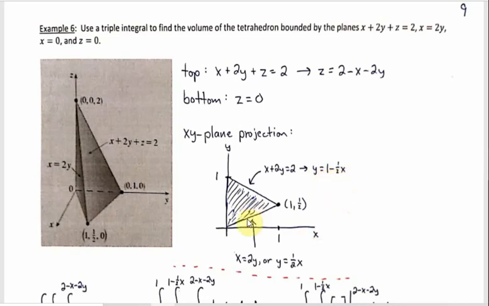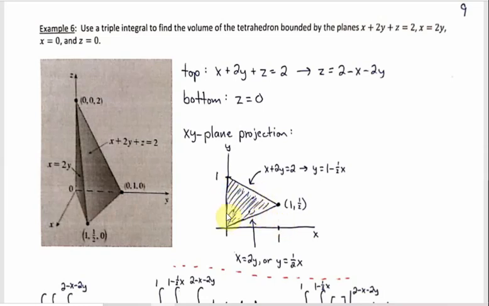When you get here, again, you have to think which way is going to be easier. I thought going with respect to y and then with respect to x would be easier, because if you go with respect to y, it's pretty clear what's on the top and what's on the bottom. What's on top is always this, what's on the bottom is always this. If you go dz, dx, dy, so x first and then y, then you have to worry about what's on the left and what's on the right.